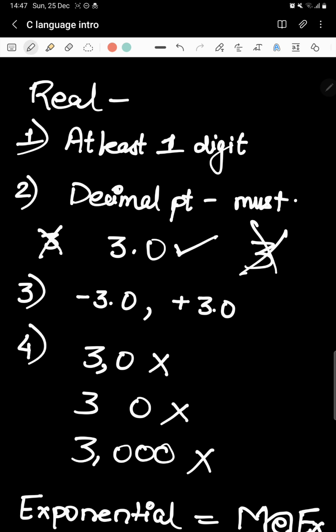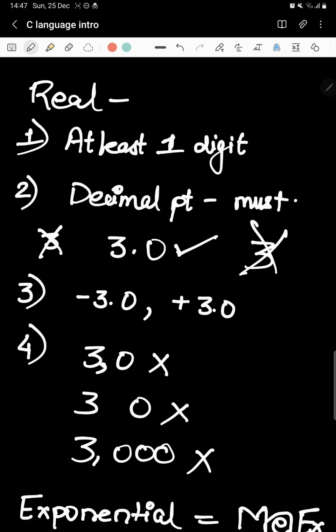So a real constant must have a decimal point. Real constants can be negative or positive, but just like integers, that sign is by default positive. So if there is no sign written with the integer and real constants, they will be considered as positive only.